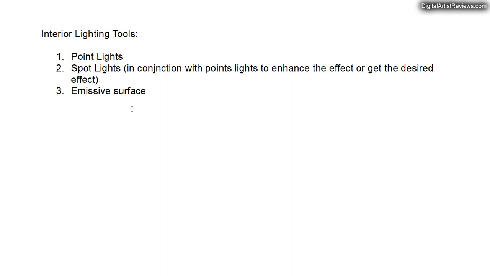It doesn't really matter what kind of light you want to mimic. I even use emissives to mimic light coming from candles, right? This beautiful soft lighting, this orangish tint coming from candles. So I use that for that as well.